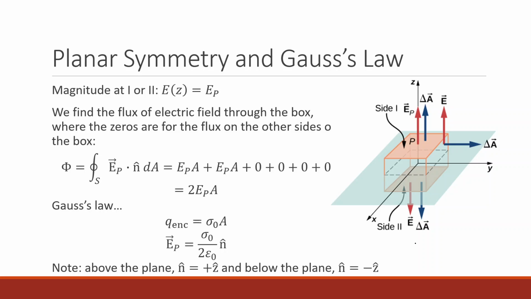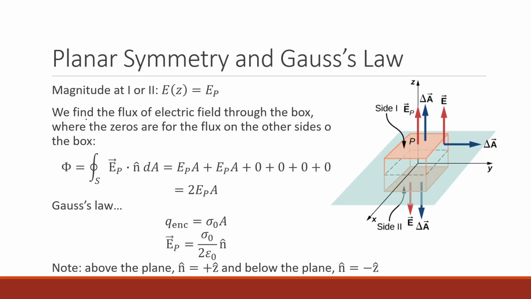So that's looking at this real quick: our E and our delta A on the sides of this box is going to give 0 flux, and so our only flux is from the top, side 1, and the bottom, side 2. Along our z-axis is where our electric field is.